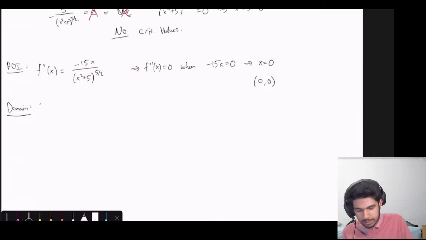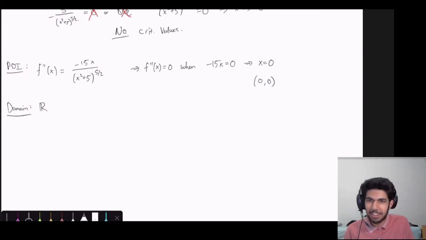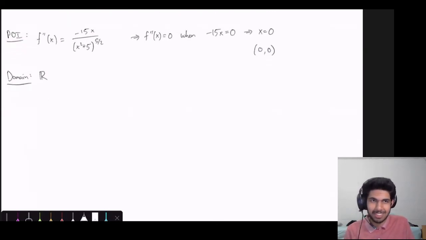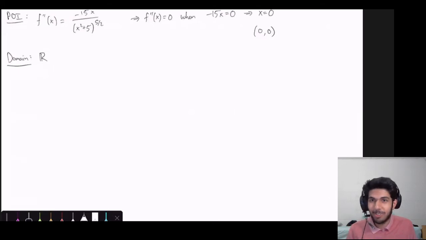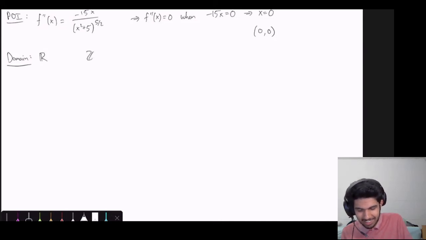So our domain is all real numbers. This is the mathematical symbol for all real numbers. It's a fancy R. So hopefully that's known, or if not, you learned it. Math is really cool in that we use some fancy letters sometimes. Got this one for integers, natural numbers. One of my favorites is Q for rational numbers, but that's beside the point.